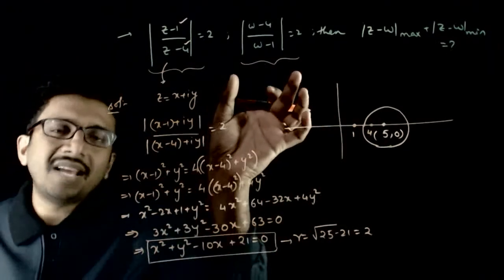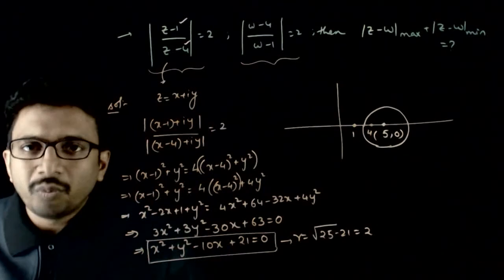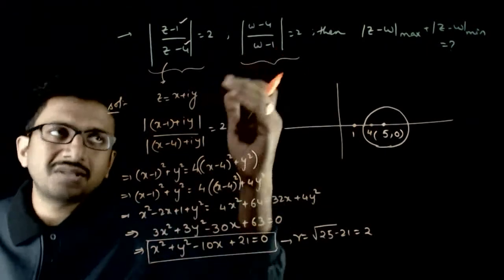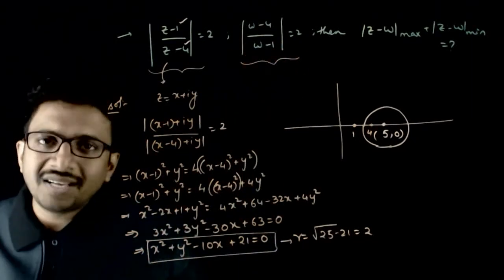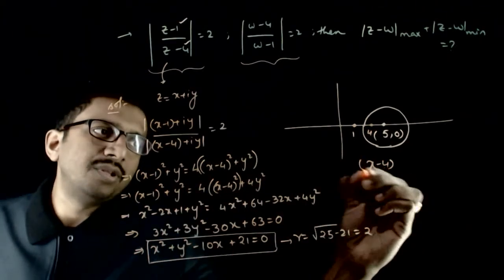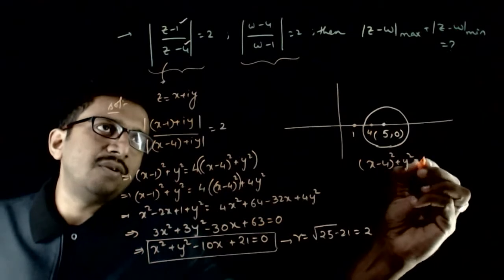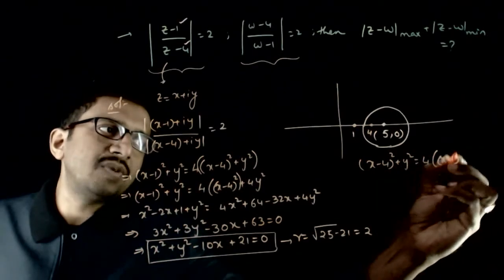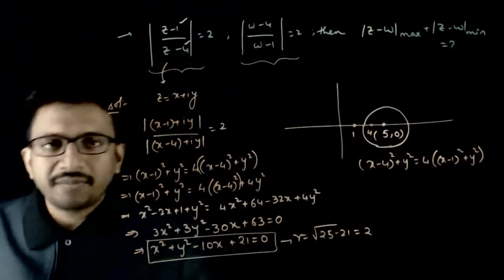Similarly, let us analyze the locus of omega. This is a reverse locus. If you take omega as x plus iy, you get x minus 4 whole square plus y square is equal to 4 times x minus 1 whole square plus y square.